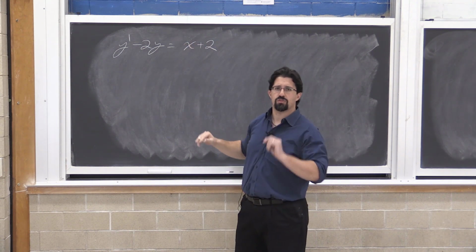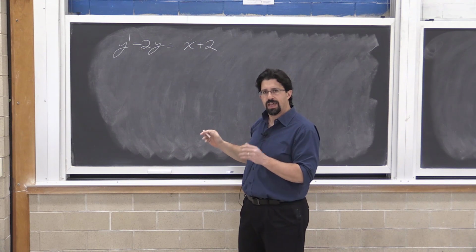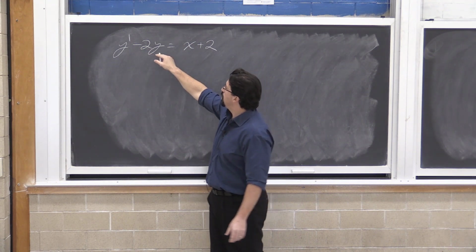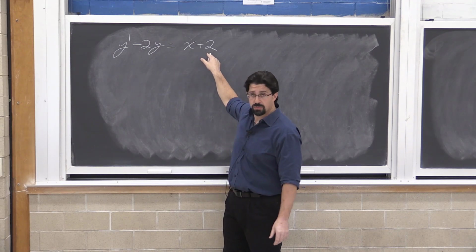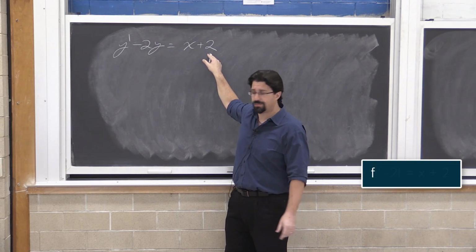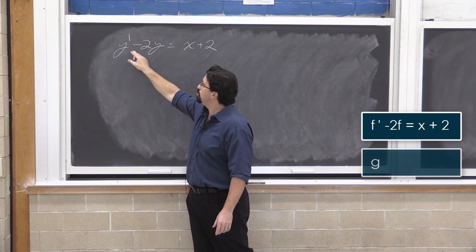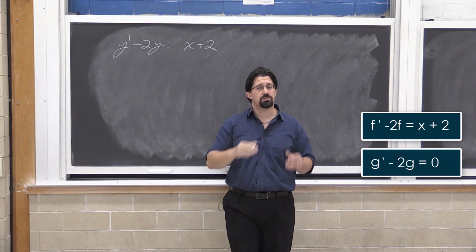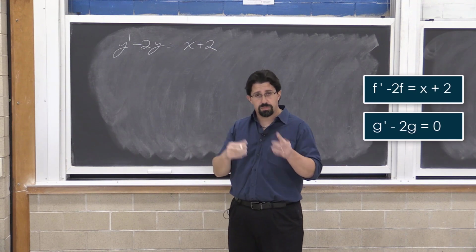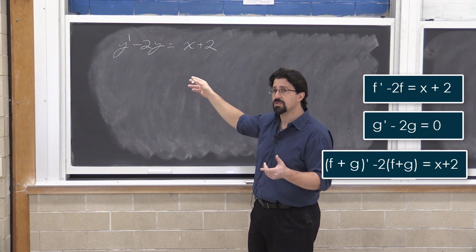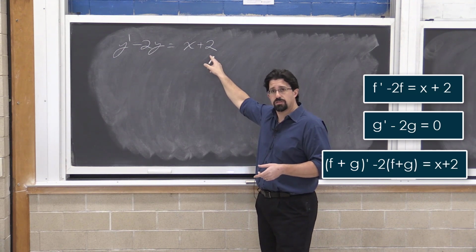And as a matter of fact, I should. Because if I have a function, call that function f, that makes y prime minus 2y equal to x plus 2, and I have another function, call it g, where y prime minus 2y is equal to 0, then f plus g, if I plug that in there, that's still going to be a solution. It's still going to give me x plus 2.